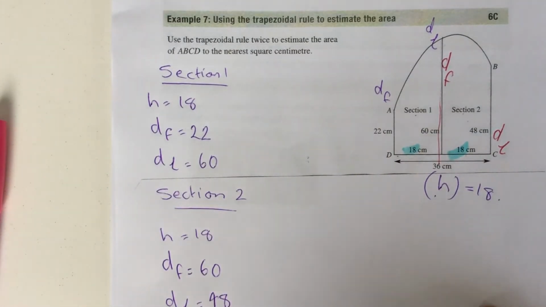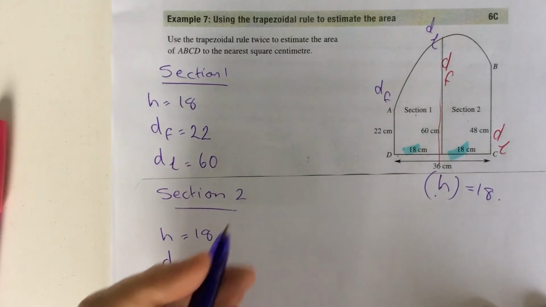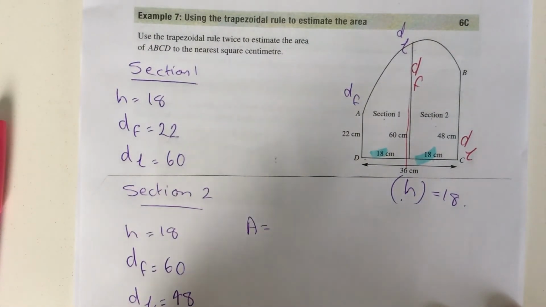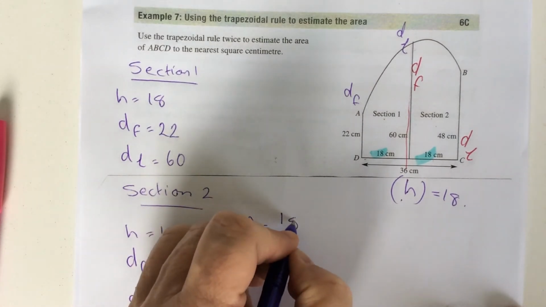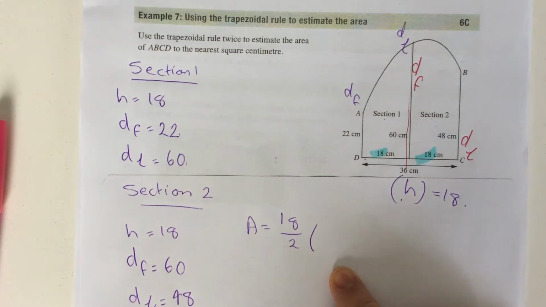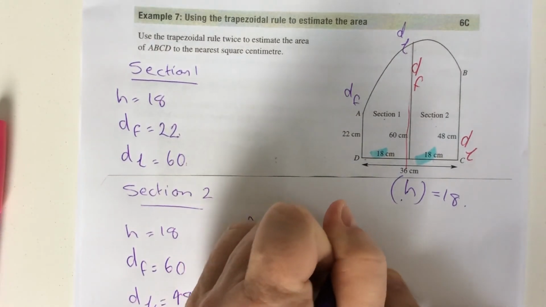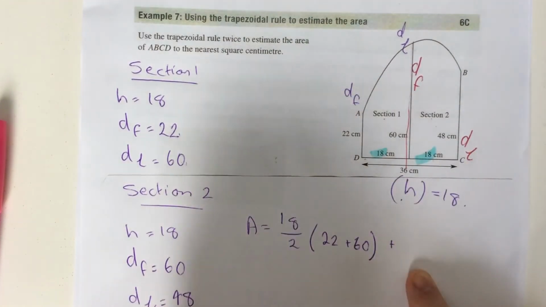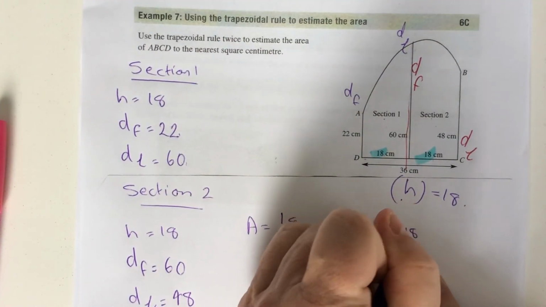Okay, so once we have all those numbers together, we can put it into the formula. So our area is going to be, now we can do it in one step, so we can simply write 18 over 2. Now, first application, we're using these figures here. Now we go on to the second application. Obviously, we're going to add them together to get the whole area.